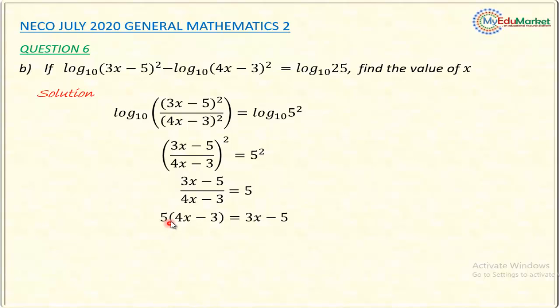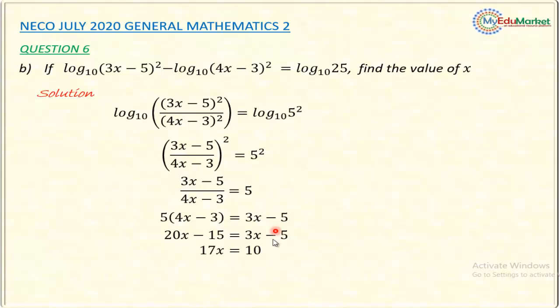I'm going to have 5 into (4x minus 3), that is 5 times this, equals 3x minus 5. I will expand this bracket. Expanding the bracket, 5 times 4x is 20x, 5 times minus 3 is minus 15, equals 3x minus 5. Collecting like terms, 3x moves to the left, minus 15 moves to the right.